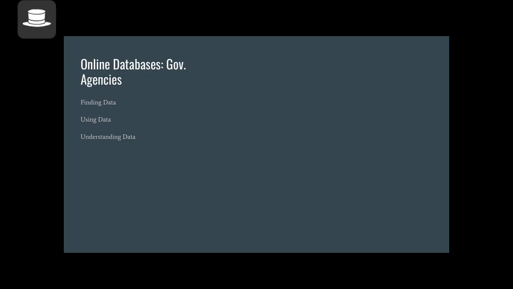So you would expect that government agencies would make it easier for us to find data on their website and would also provide data in a format that we can actually easily access, using a program like spreadsheet. We'd also think that they would provide not only data sets, but also what we call documentations.